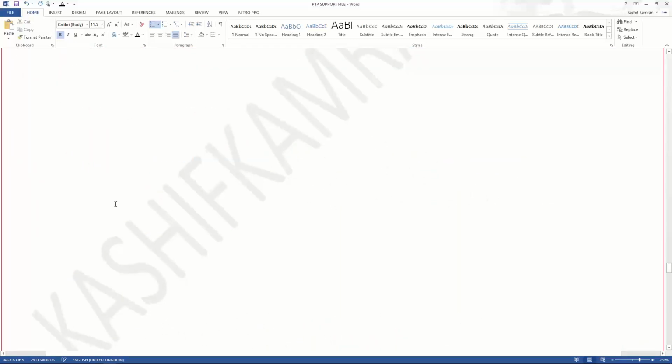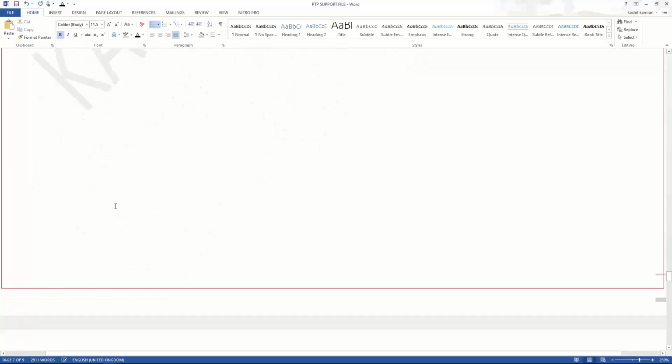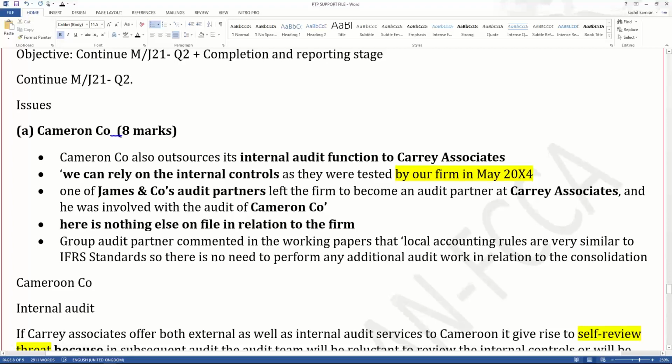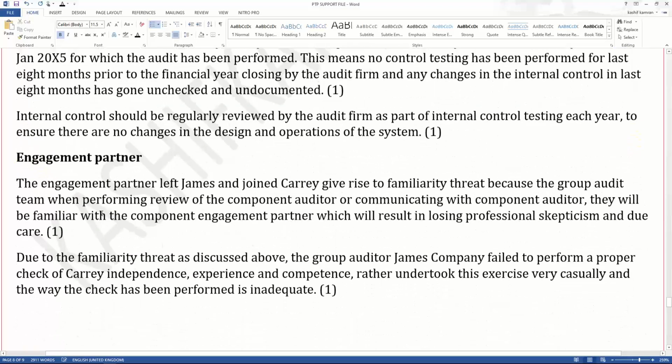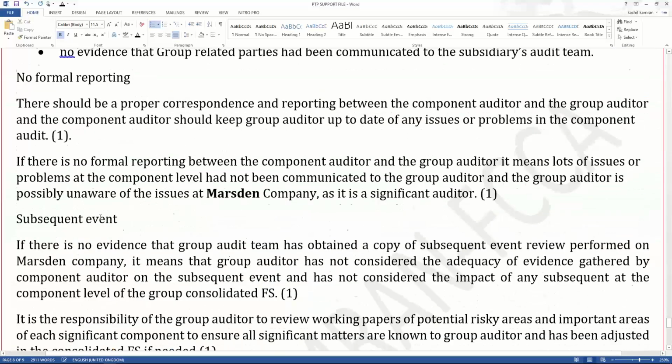So the role of the group auditor was questionable in the whole audit, right? There were lots of instances where the group auditor has not played the role, whether there was no documentation, whether there was no proper communication, whether they have not tested the subsidiaries' independence, competence, and experience. So when you write the full answer, at the end of the answer, give a conclusion.